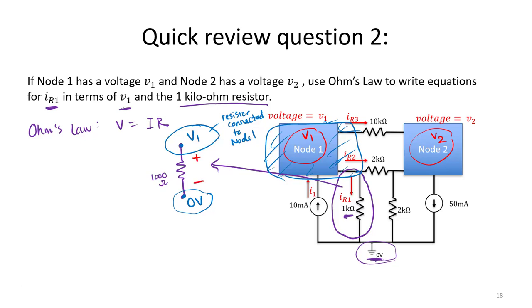So if that's the case, how can I write an equation for my current I1, or in this case, current IR1, in terms of my voltage and resistance?